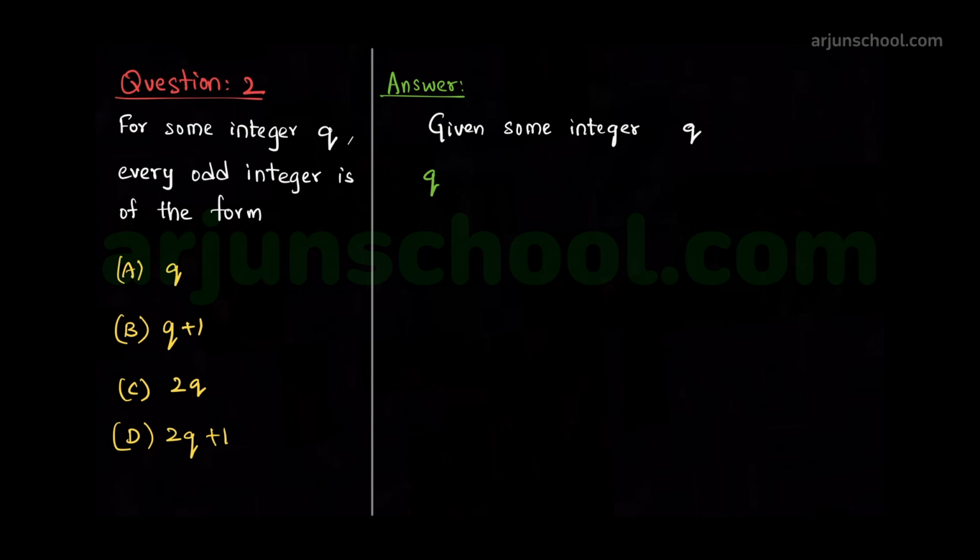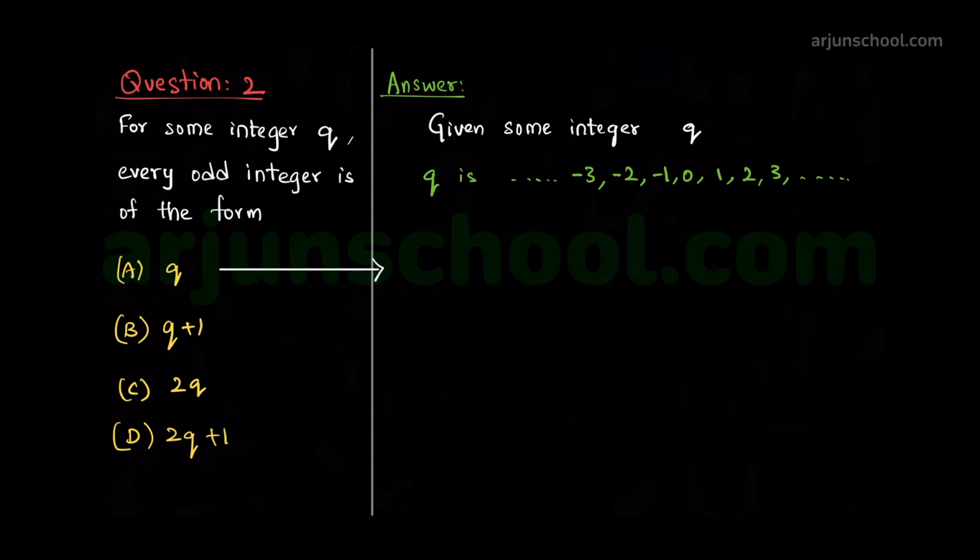Now q is some integer, which means q is and so on -3, -2, -1, 0, 1, 2, 3, and so on. Now let us write the given options.